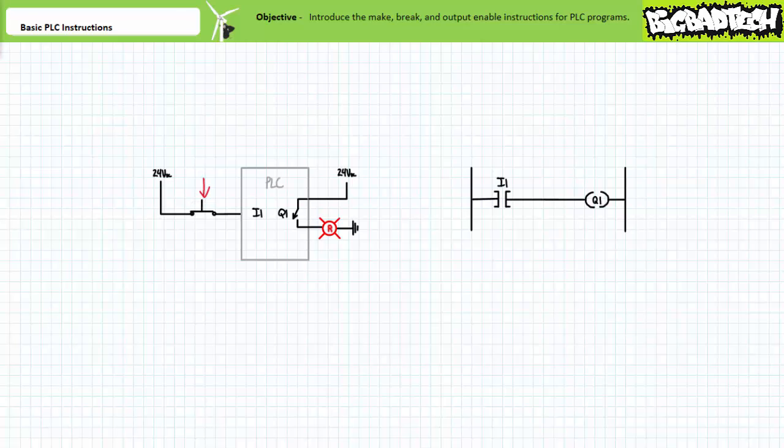When the field input device is in its activated closed state, input 1 is receiving a logical 1. Being a make instruction, this means the PLC program does permit logical continuity from left to right, and the output is energized. The coil of electromechanical relay Q1 is energized, and its associated contacts close. The pilot lamp on output Q1 is energized.